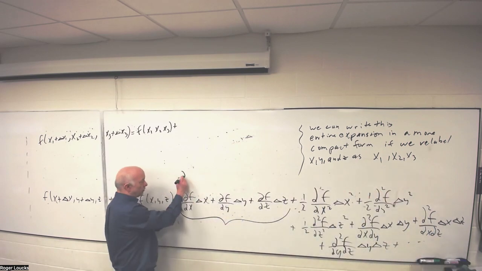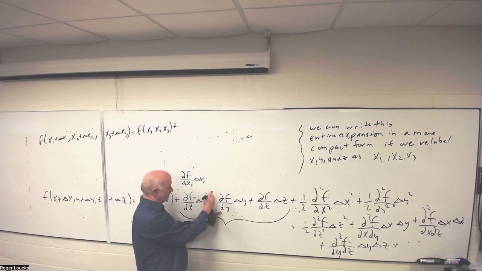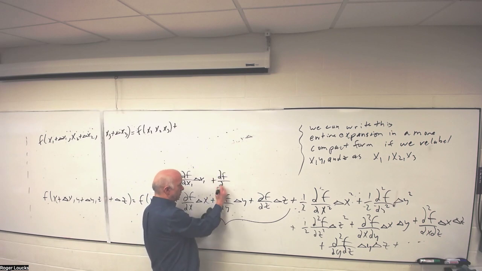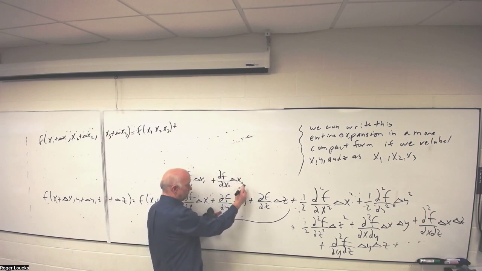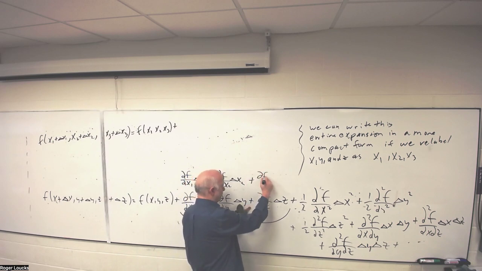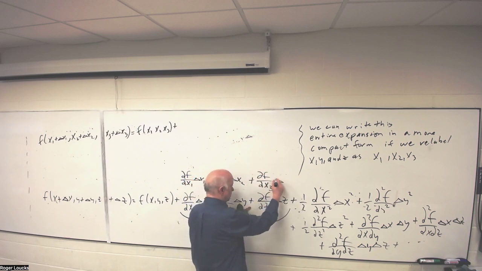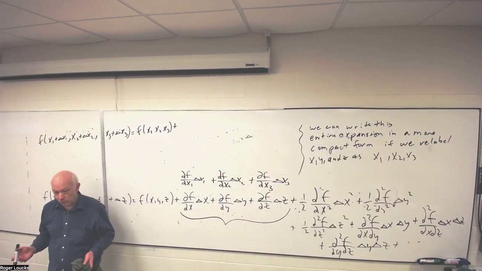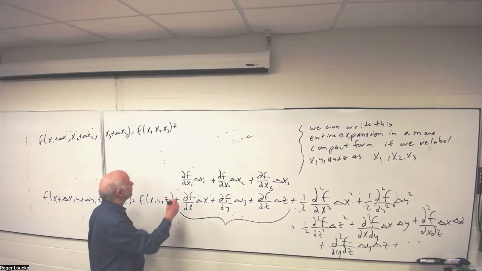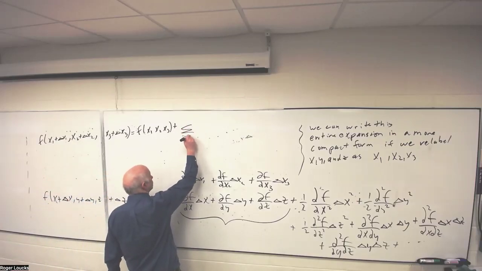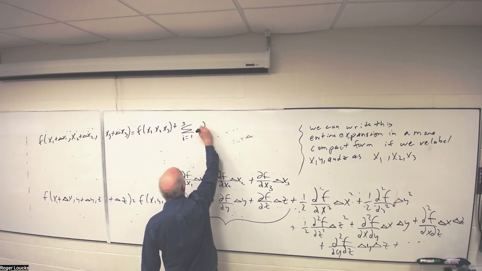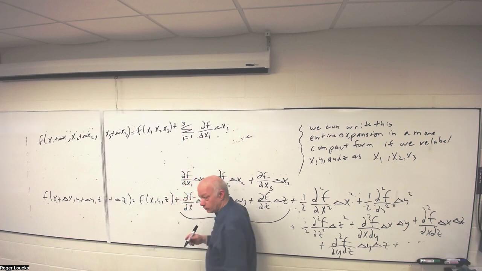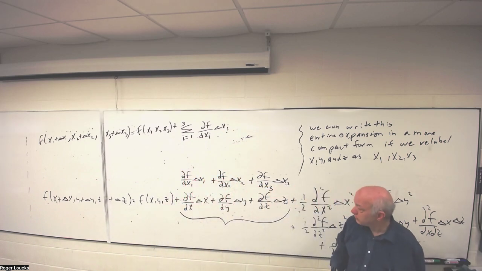This is going to be my partial f with respect to X1, delta X1. And this one's going to be plus partial f with respect to X2, delta X2. And this one is plus partial f with respect to X3, delta X3. That's going to be a lot easier to write as one big sum. So I'm saying a sum, i equals 1 to 3, partial with respect to xi, delta xi. That makes sense?